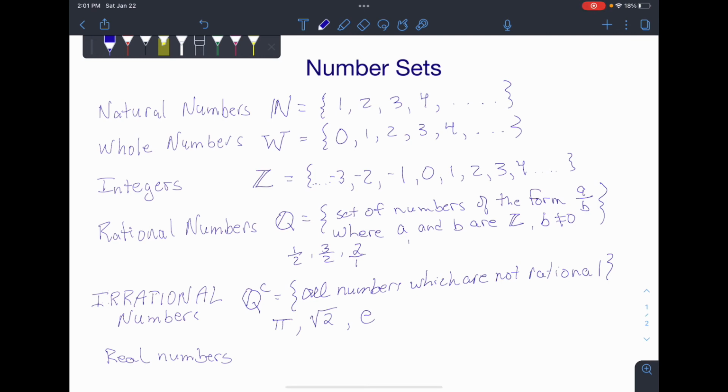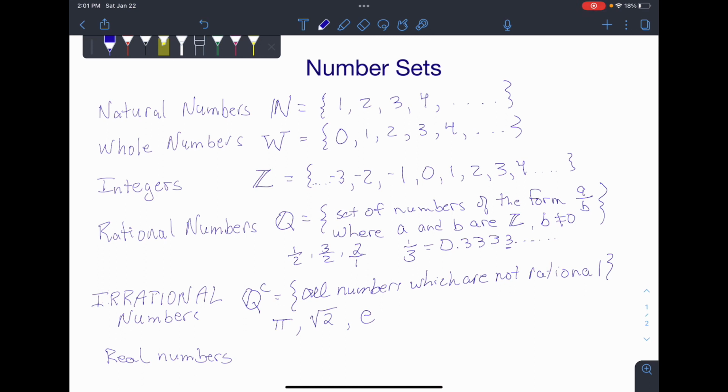Well, one of the rational numbers is a third, and if we convert a third to decimal, it's 0.333 and so on. The 3 repeats. For irrational numbers, they all have an infinite number of digits which don't repeat. I encourage you to look up, for instance, the number pi and print out its first 1,000 digits, and you'll see they never repeat.